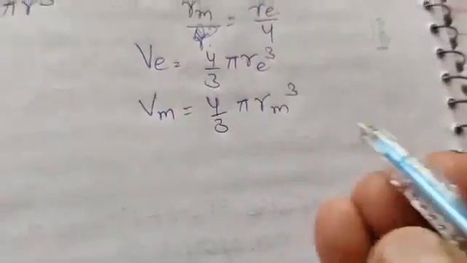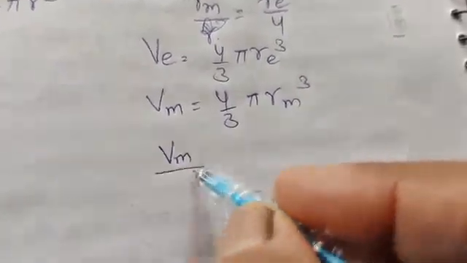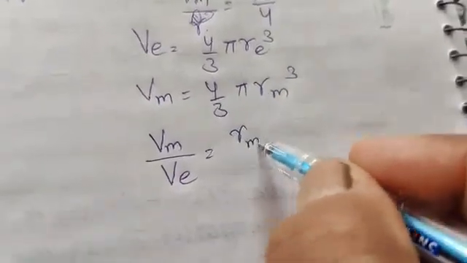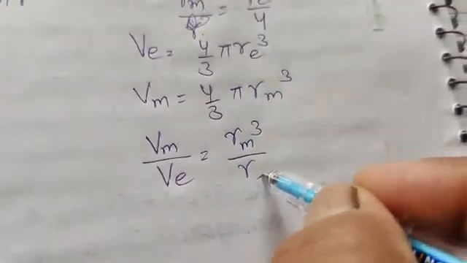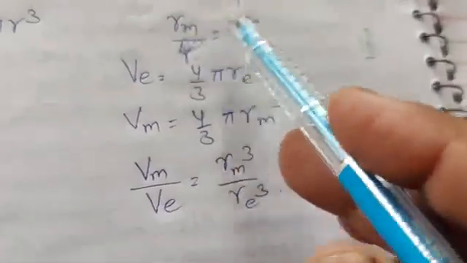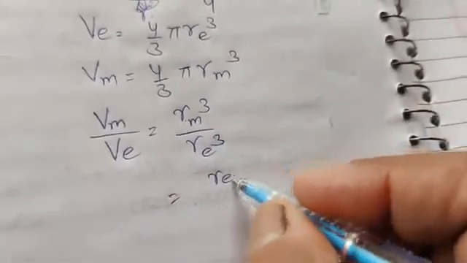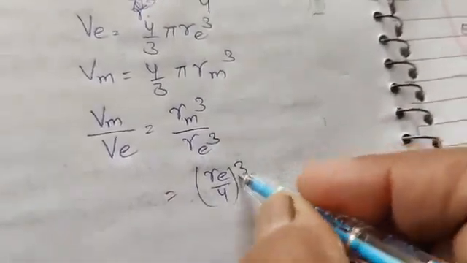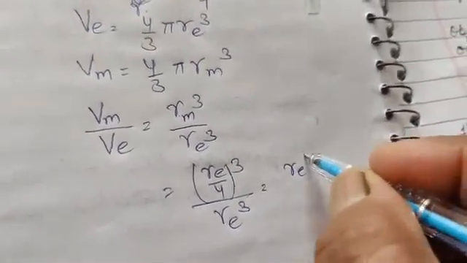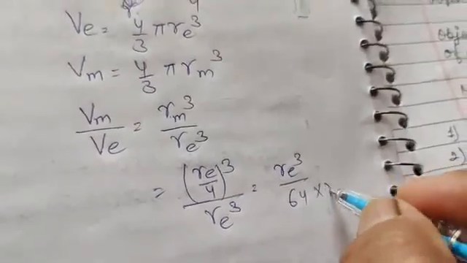Now ratio is volume of moon by volume of earth, which gives r m cube upon r e cube. The r m equal to r e by 4, so (r e by 4) whole cube by r e cube. R e cube by 64 into r e cube.